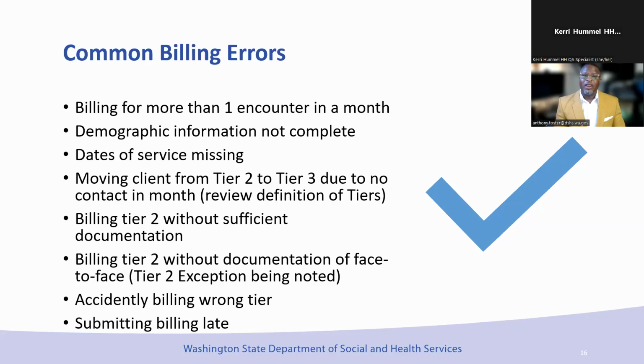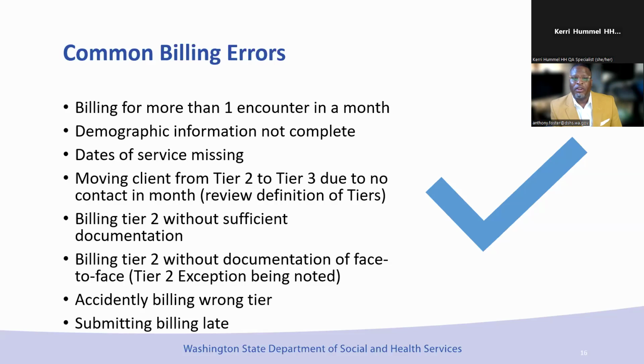But the reality is you could have tier 2 individuals who, yes, have complex needs, and yes, have months where they have a lot going on, but they may also have a month where there's not a lot going on, and not a lot to document in regards to, oh, I did all this, I made this call, I made that call. You did your tier 2 due diligence with them. You provided one or more of the 6 health home services, and it was all done in one visit. Doesn't seem like a lot, but you did a lot.